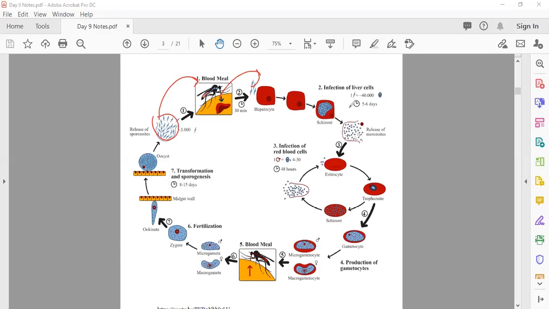Then again it goes to the bloodstream, and it affects the red blood cells. Again, this is inside the human, and if any other mosquito comes and takes it, it will go to that mosquito, and if this mosquito bites another human, it will spread like this. So now I'm going to show you the video, and I hope inshallah you understand that one.